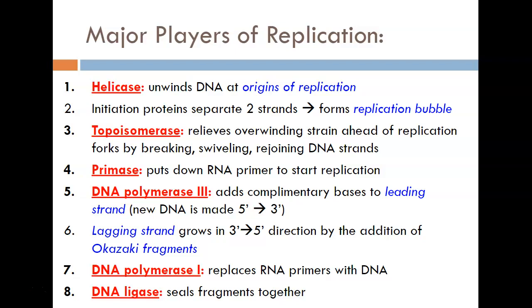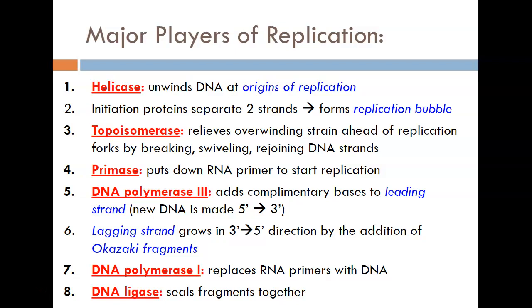It is the thing that actually breaks those hydrogen bonds between the nitrogenous bases of the two sides of the DNA to unzip or unwind. So helicase breaks the helix. And this process starts at what we call an origin of replication. I'll talk about that in a little bit.